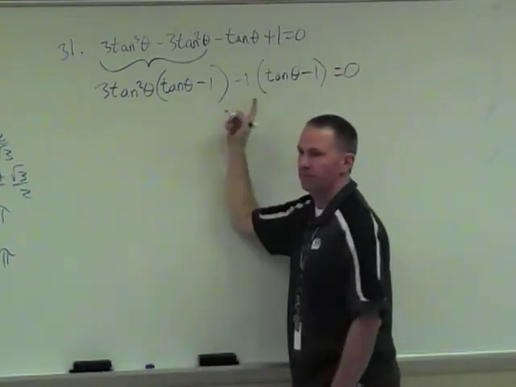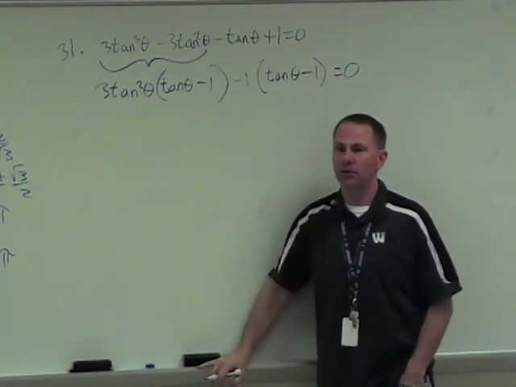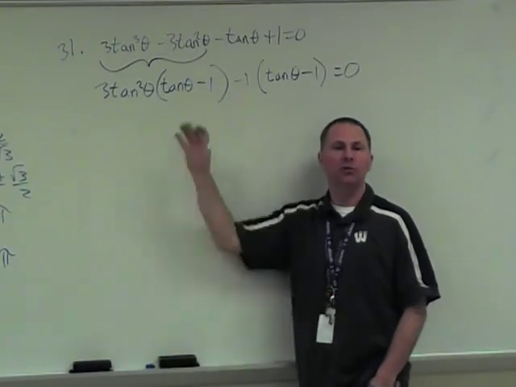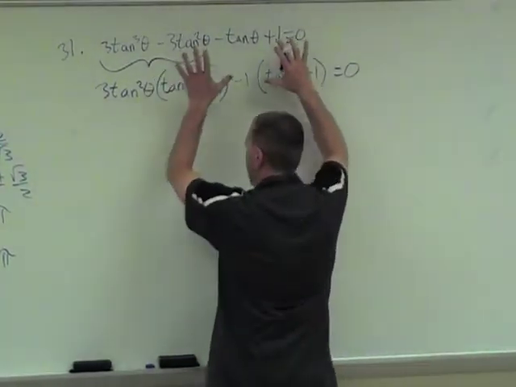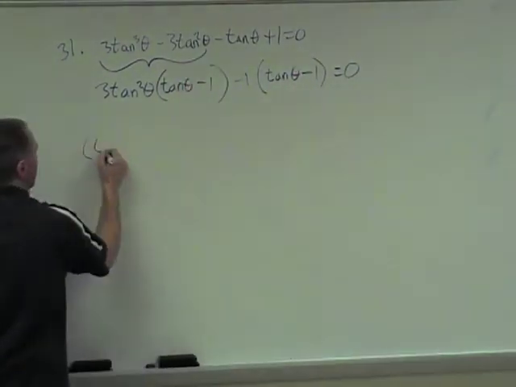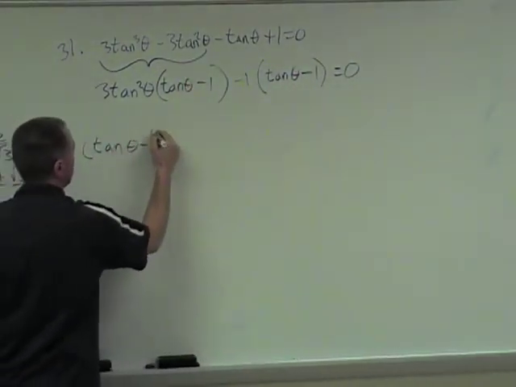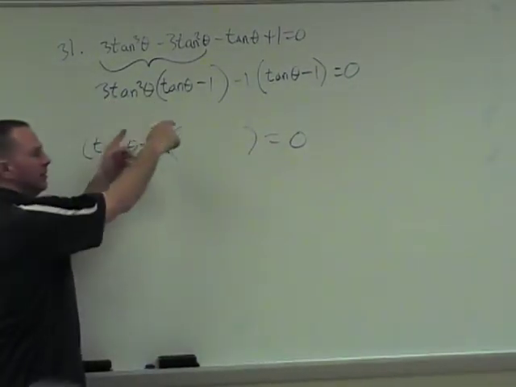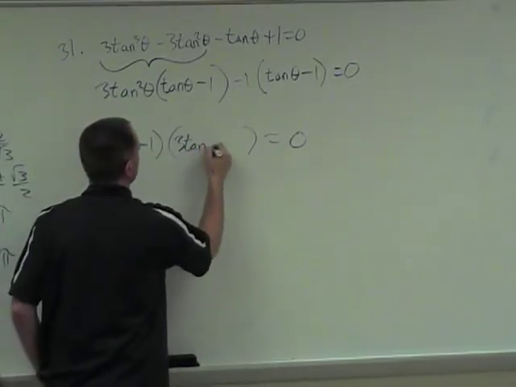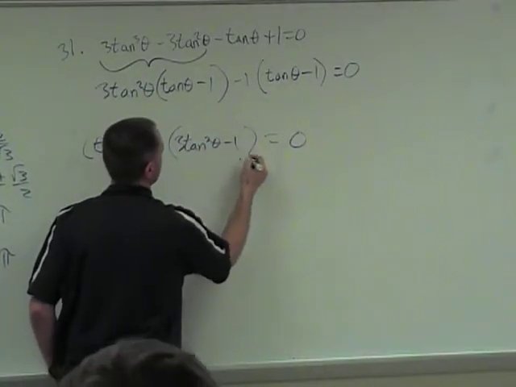Are these the same? If they're not, then you did it wrong. So grouping means you have to get the exact same parentheses. Now, from this group, I'm going to factor out what's common, that parentheses, tangent of theta minus 1. And then I'm left with 3 tangent squared of theta minus 1 equals 0.